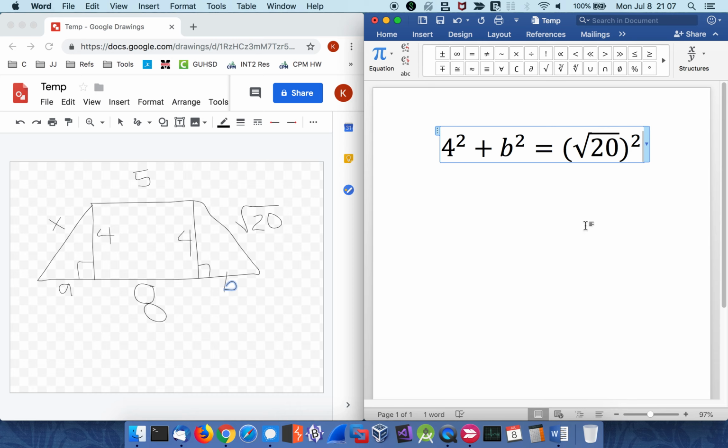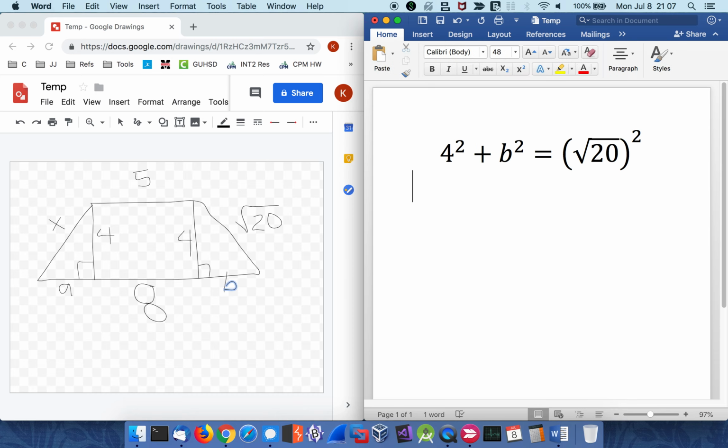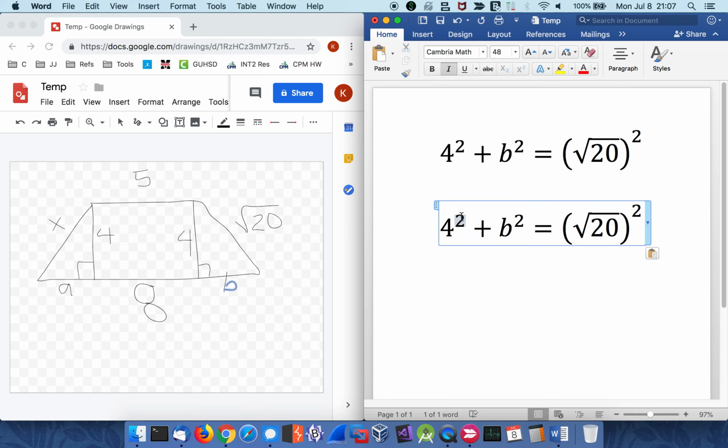That is going to give us B over here, so let's go ahead and solve it. So I want to copy this and paste it below. Okay, so we know 4 squared, that's 16, plus B squared equals the square root of 20 squared, well that's just 20.